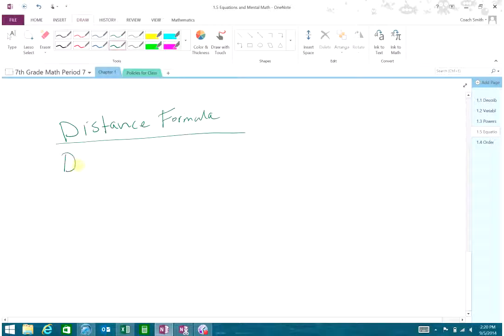The distance formula is distance equals rate times time. So the abbreviation is D is equal to RT. Okay, last year they used the word speed for rate. And I told you last year that this year that would change and it would be rate instead of speed. But they're still the same term.